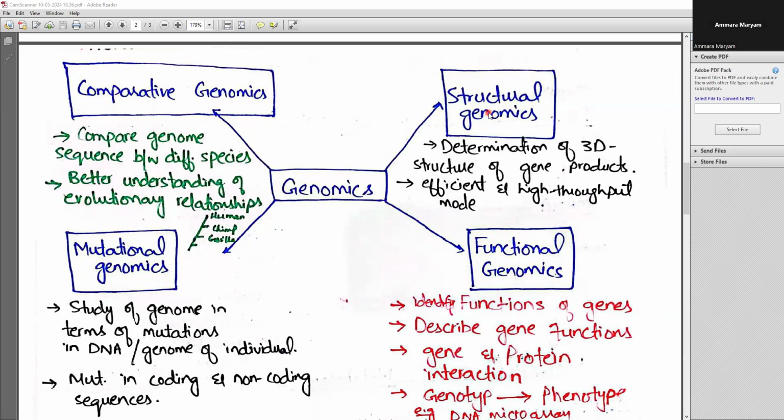When it comes to structural genomics, we want to understand the structure of the gene products, as this is high throughput data, a huge amount of data. All these study their complete sequences, their complete profiles. This comes under the category of structural genomics. Next is functional genomics.